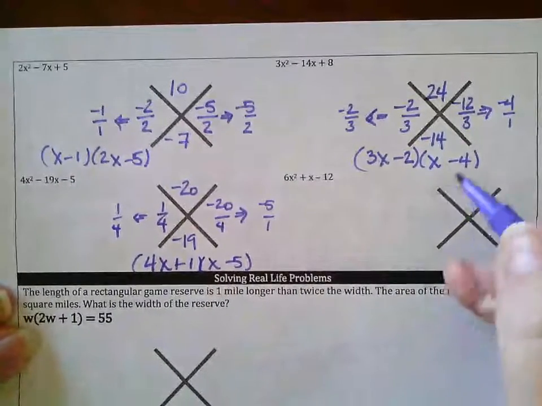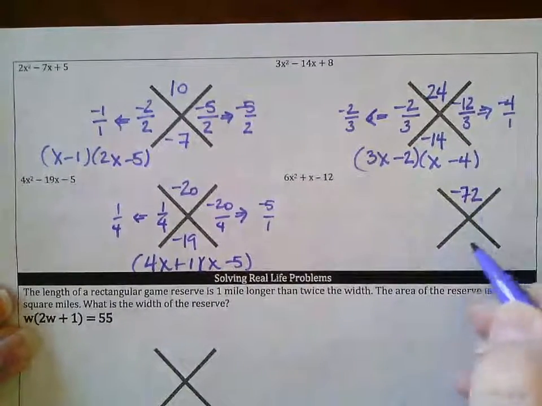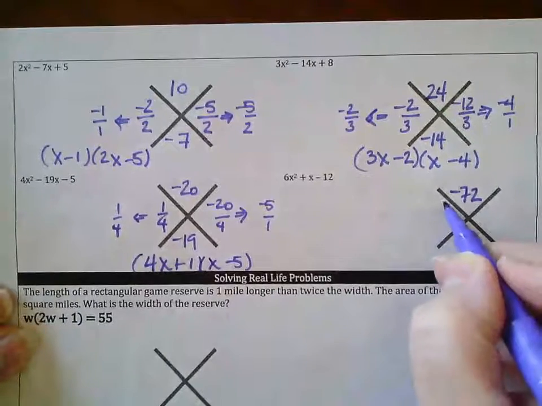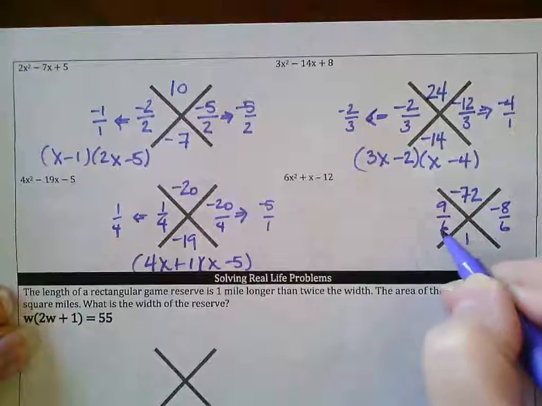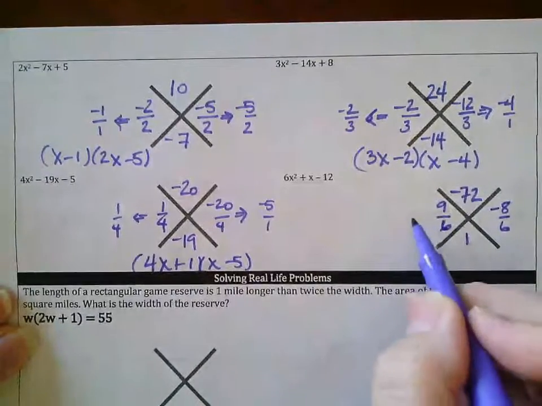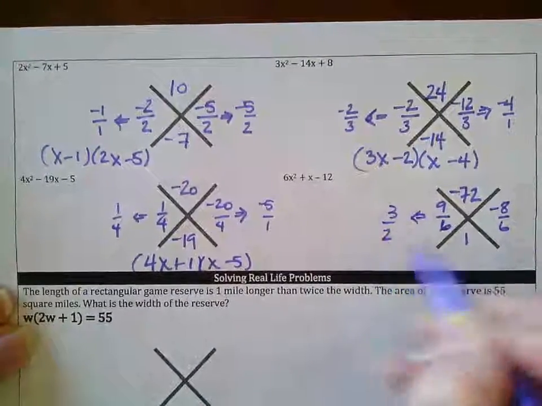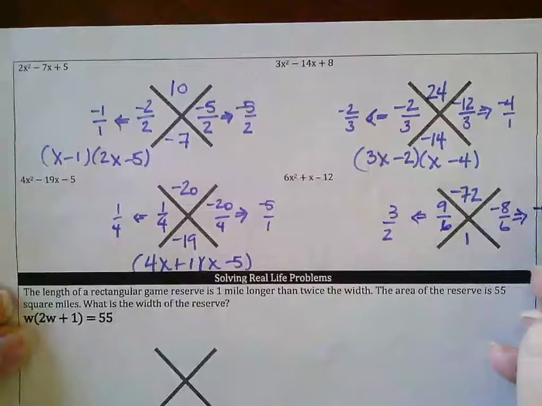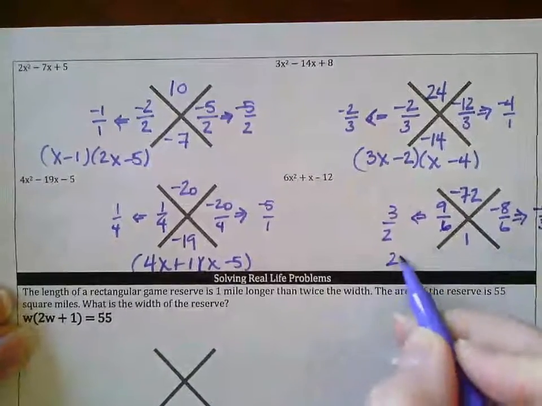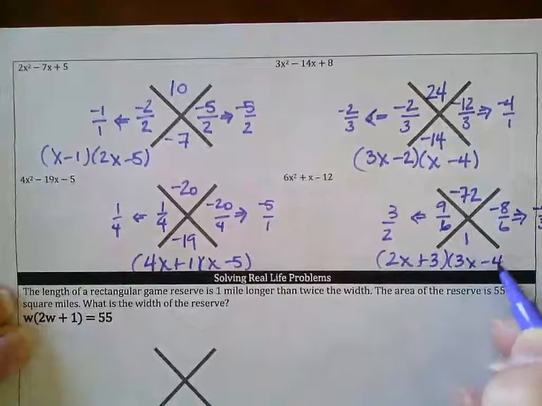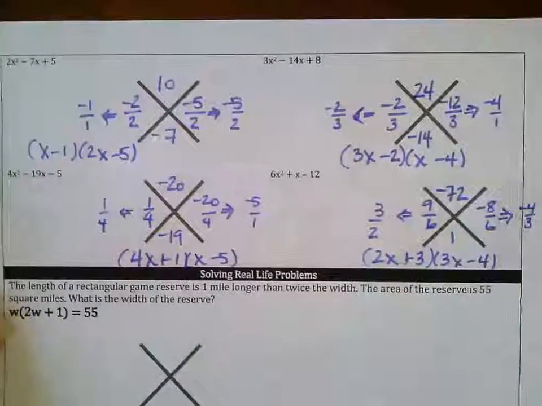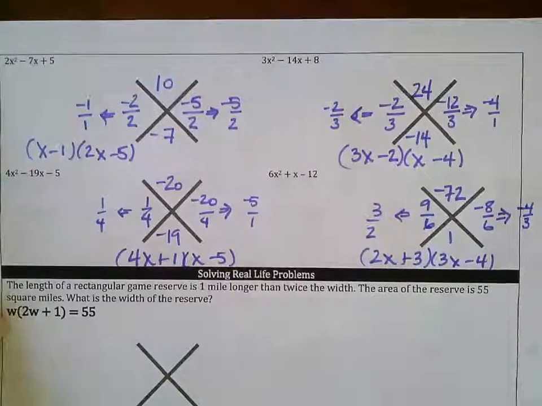You're going to have -72, 1, 9, -8, 6, 6, and 3 halves, -4 thirds, 2x plus 3, 3x minus 4. So take a second, pause the video if you need to, check your work.